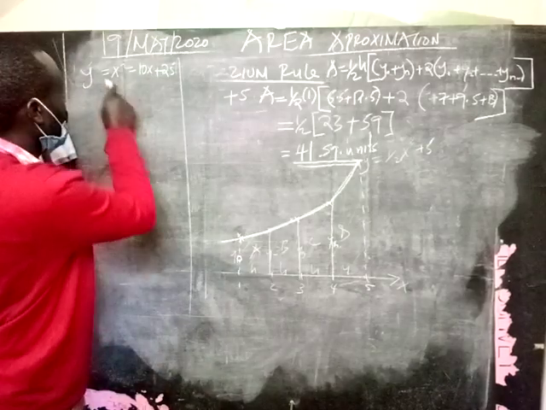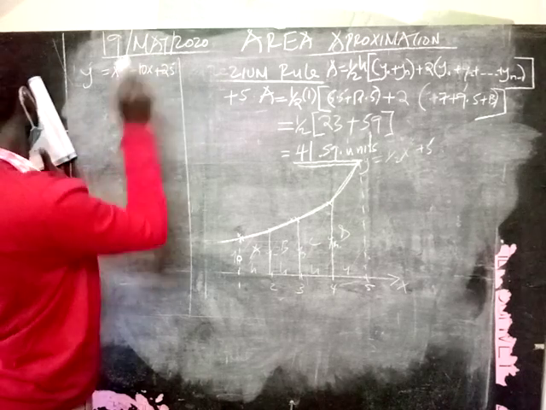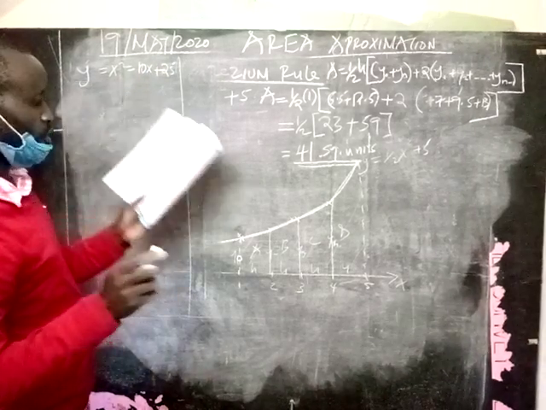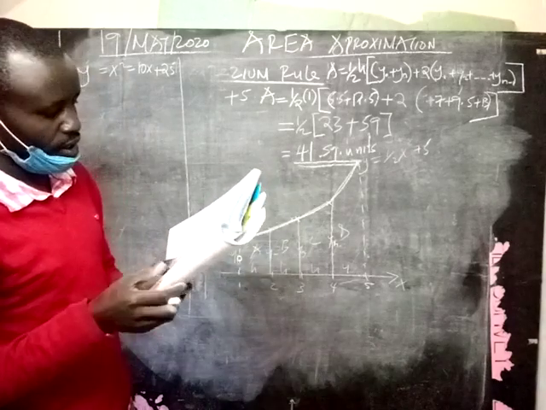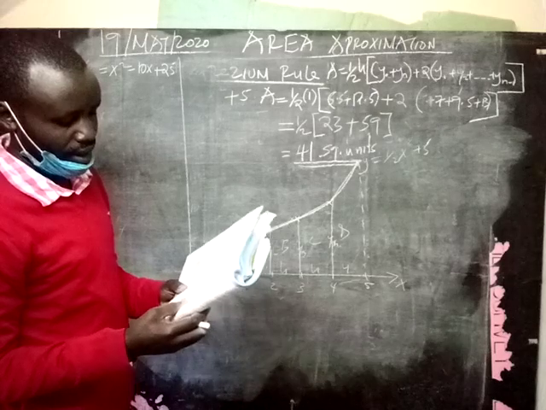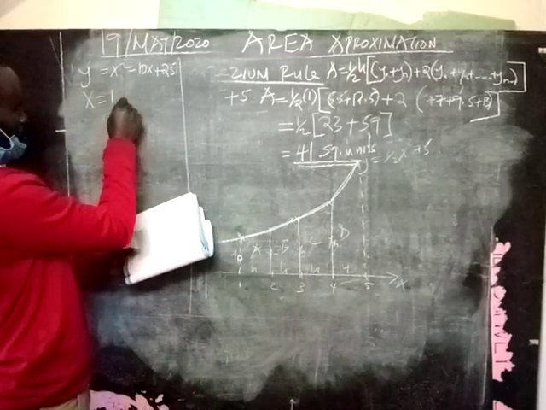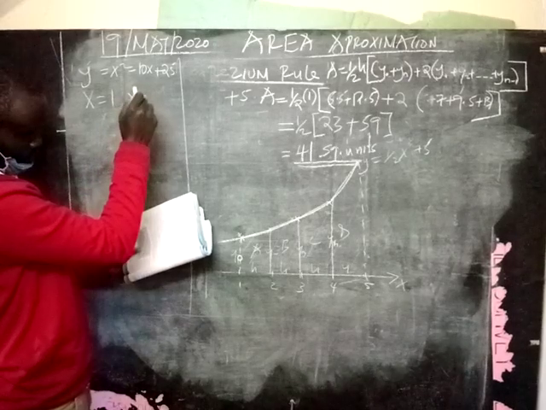So this is the graph: y equals x squared minus 10x plus 25. And use the trapezium rule to estimate the area enclosed by the curve, the x-axis, and the line x equals to 1, and x equals to 5.